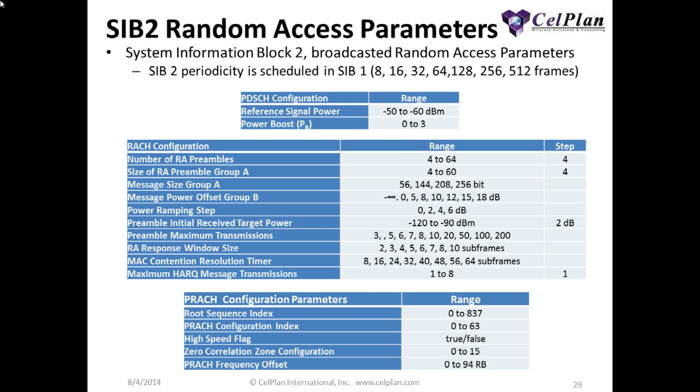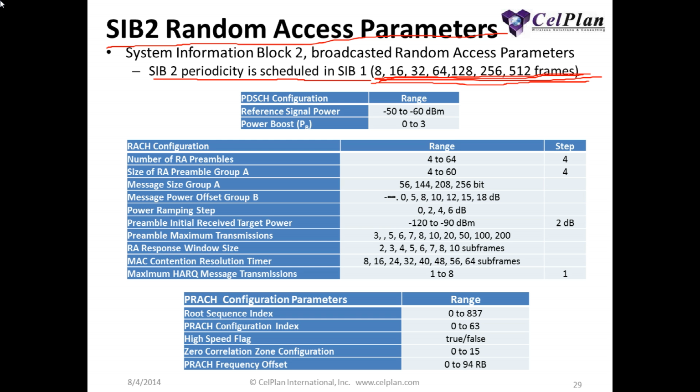When this is done, the UE can read SIB2. SIB2 has many parameters. Its periodicity is scheduled in SIB1 and can be from 8 to 512 frames. So this is also user defined.